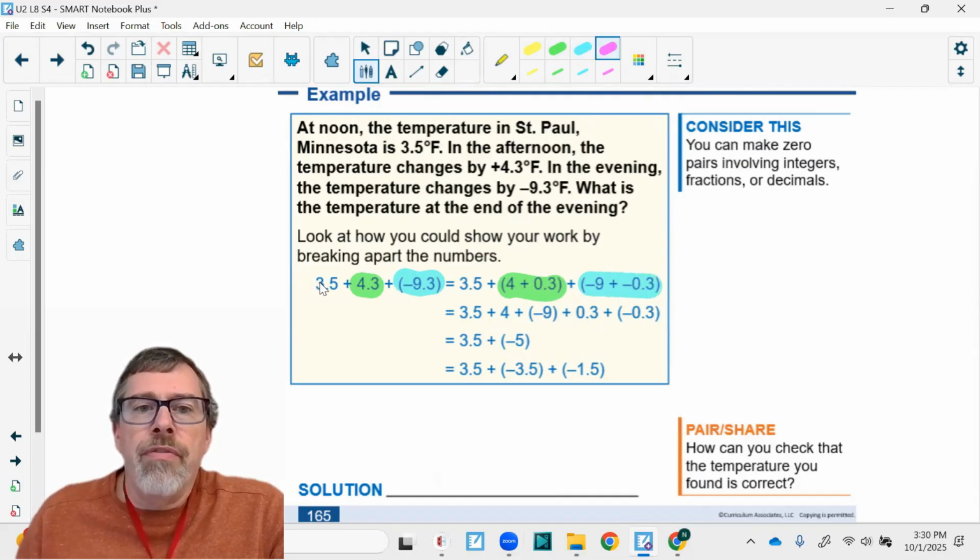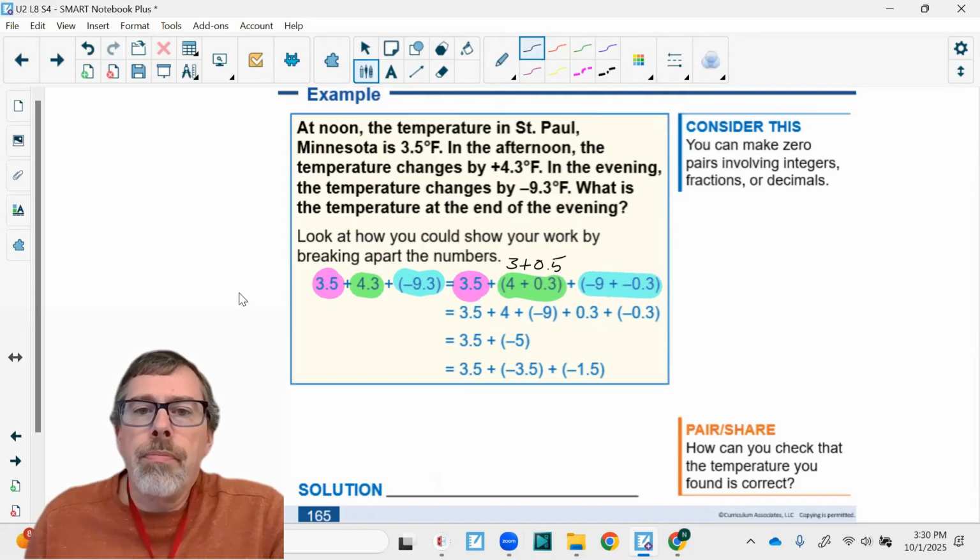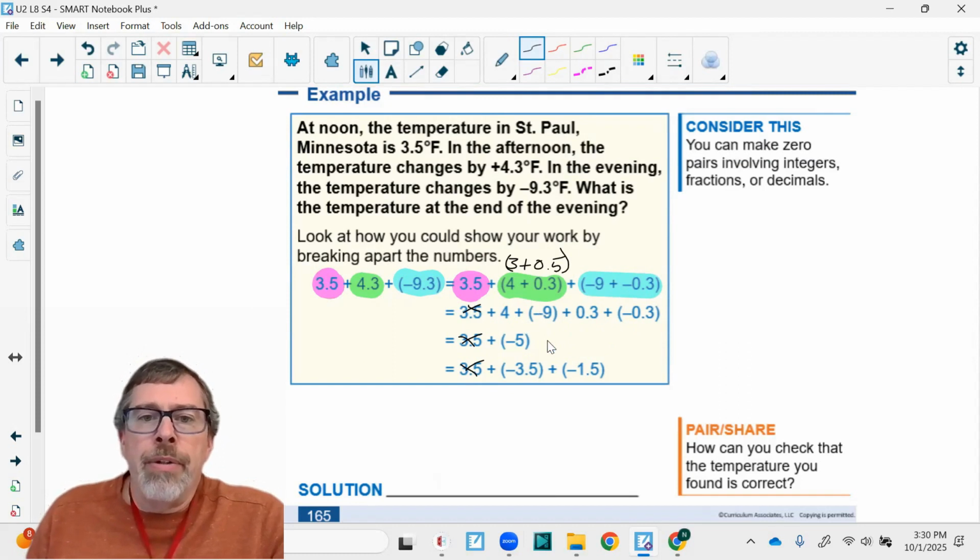However, they failed to separate 3.5, which should be 3 plus 0.5. Okay? Like so. So that should be here, that should be here, and that should be here. And that changes the rearrangements of these, but I just wanted to point that out in the book.